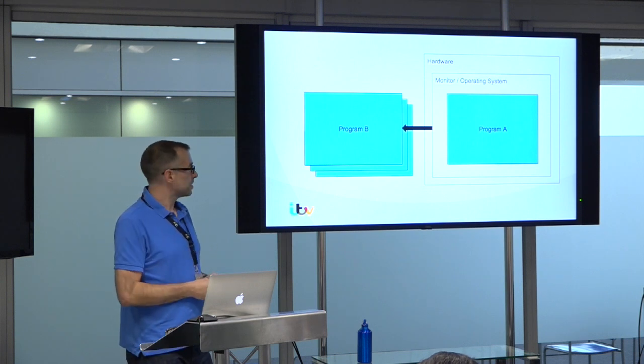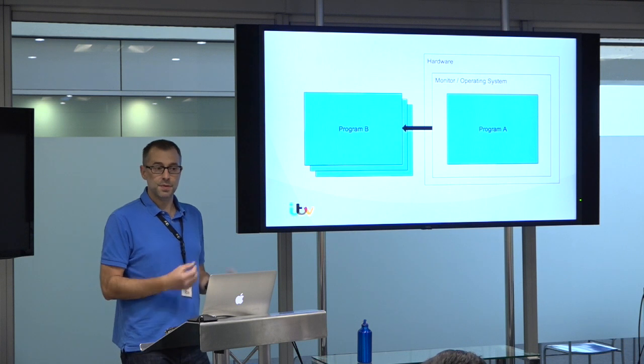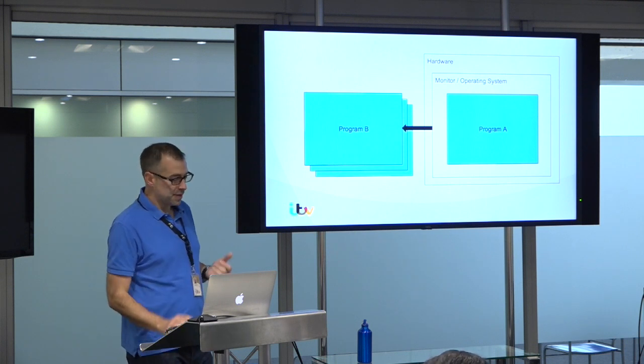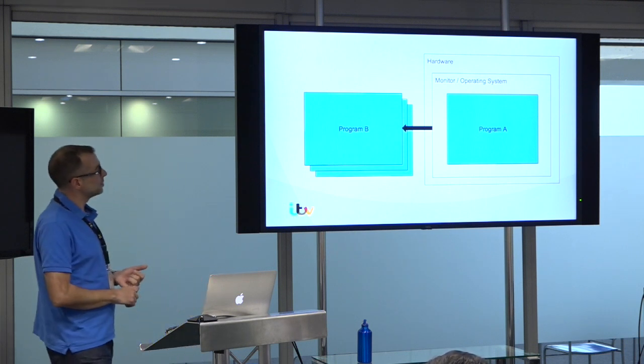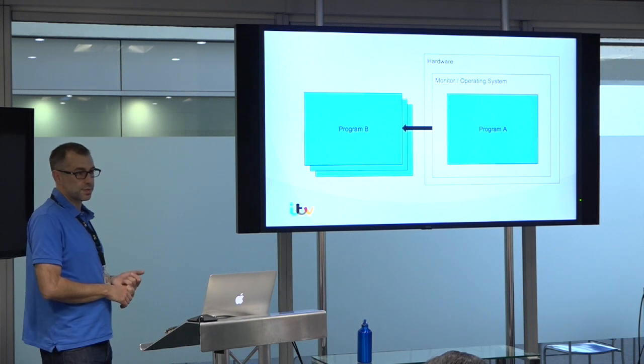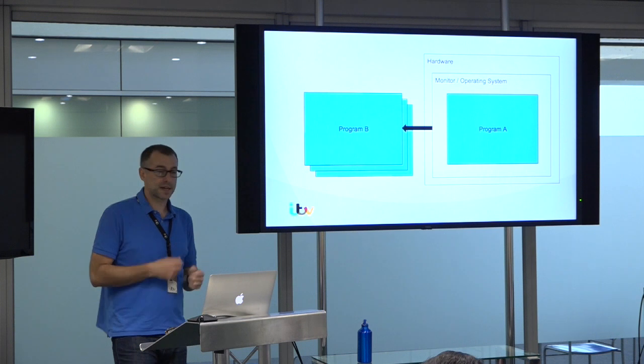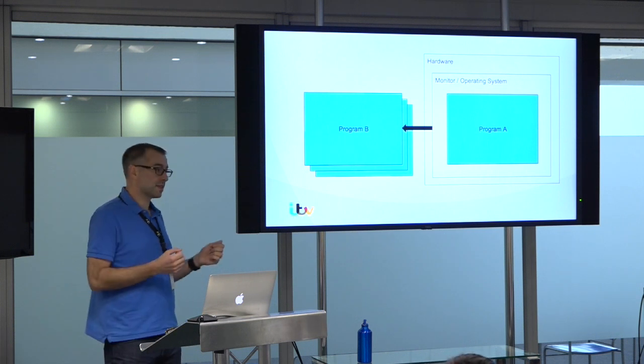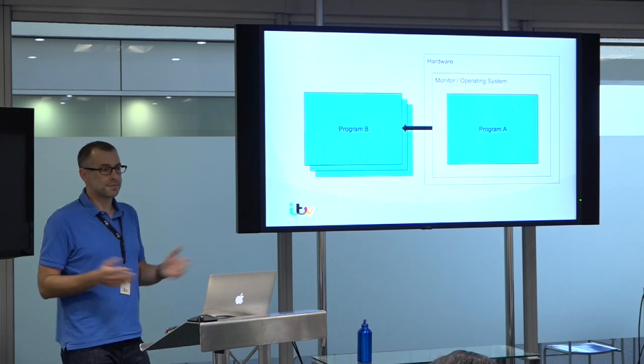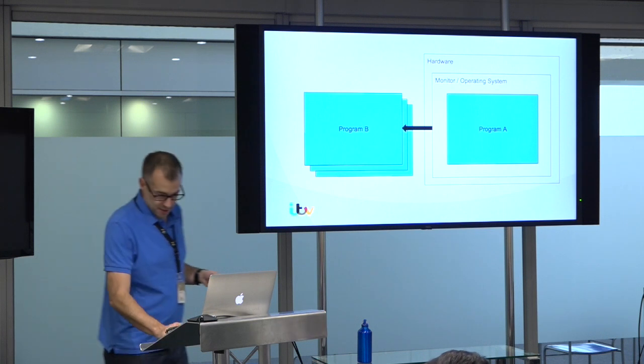Now, as with all systems, once you find one bottleneck and close it, you move on to the next one. And the next one they came across was that access to peripherals was slow, particularly tape. So if you had your program chugging along, it needed to get something from tape or write something to tape, there's a big gap while it goes and fetches it.